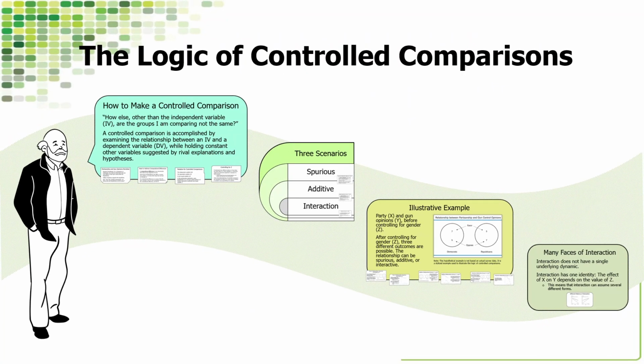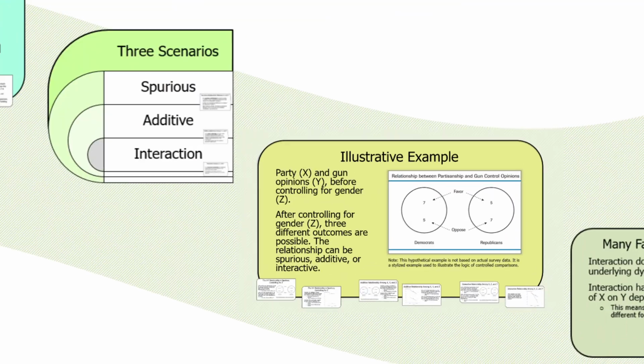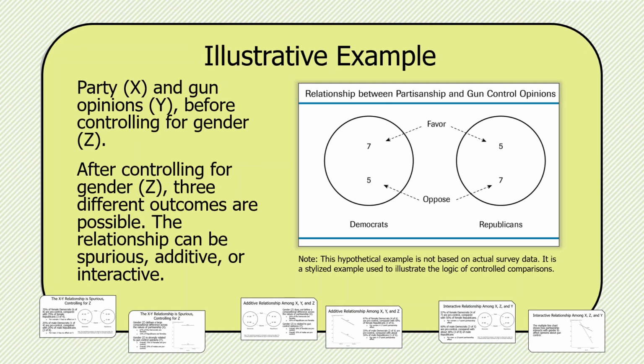All right, now let's use some stylized examples to get at the problem here. Let's say we haven't controlled for anything. We have 12 Democrats represented here on the left, in this circle, and we have 12 Republicans represented here on the right in this circle. And of the 12 Democrats, 7 of the 12 favor gun control, and of the Republicans, 5 of 12 favor gun control.